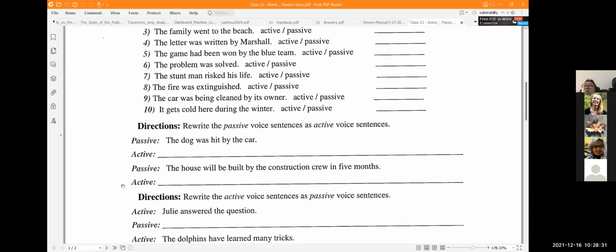The construction crew will build the house in 5 months. Yes. Perfect. Good.